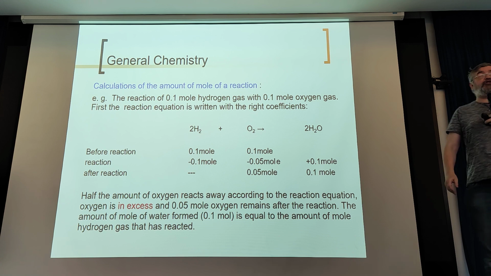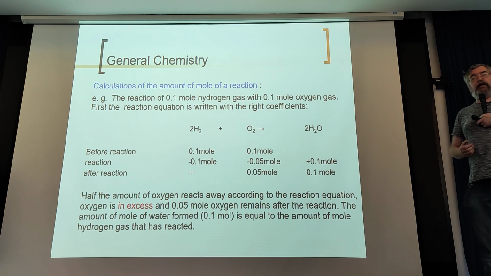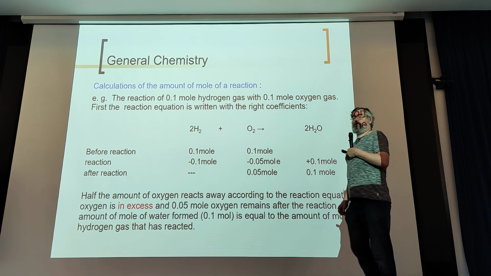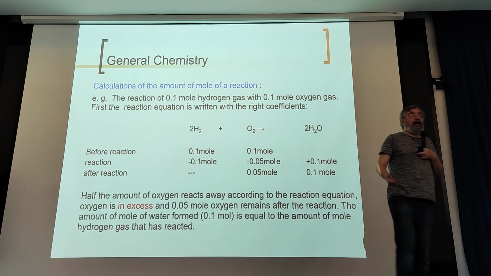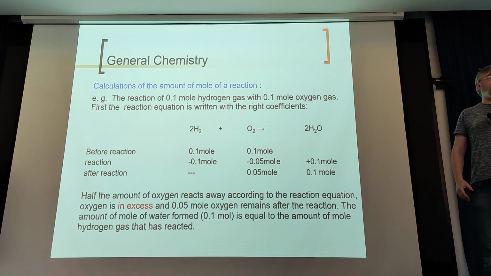This is a very common situation where the amount of reactants is, relatively speaking, not the same as the amount that we would need in the reaction equation. And then we can say that the reagent that is left behind after the reaction is the reagent that is in excess.